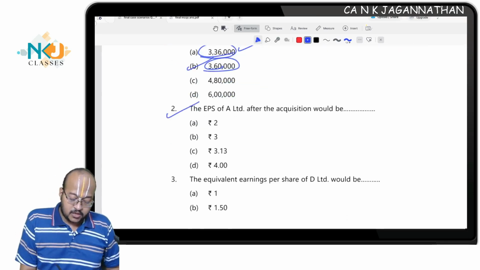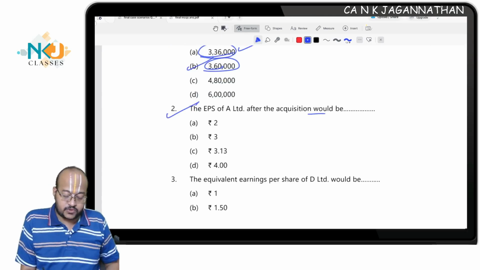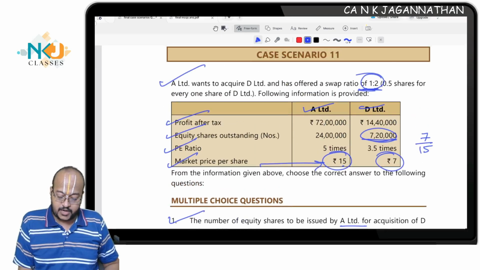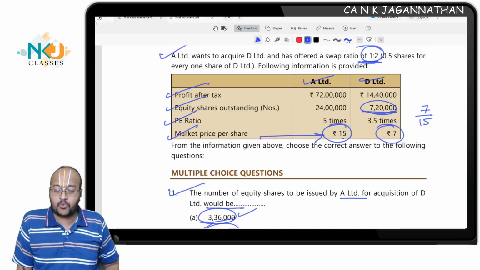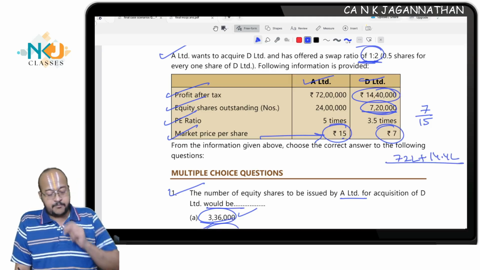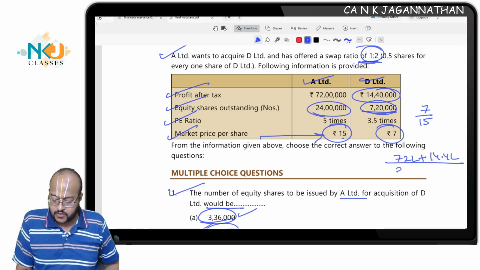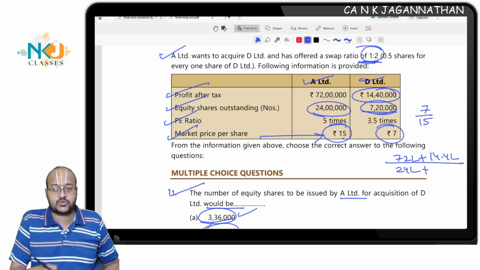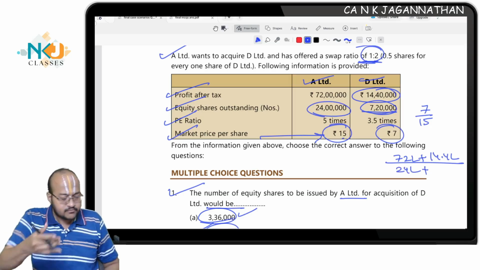Next, the EPS of A Limited after the acquisition would be, see, EPS of A Limited after acquisition. First, post merger earnings, which is nothing but 72 lakhs plus this 14.4 lakhs, you will consider as numerator, divided by post merger number of shares, which means existing number of shares, 24 lakhs, plus the new shares issued for the acquired company.